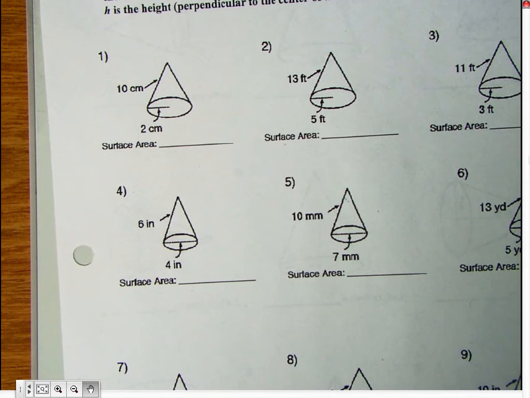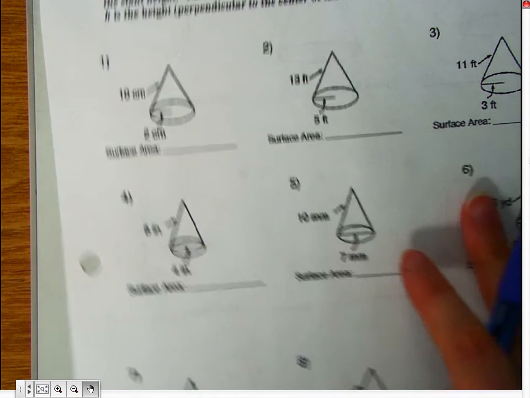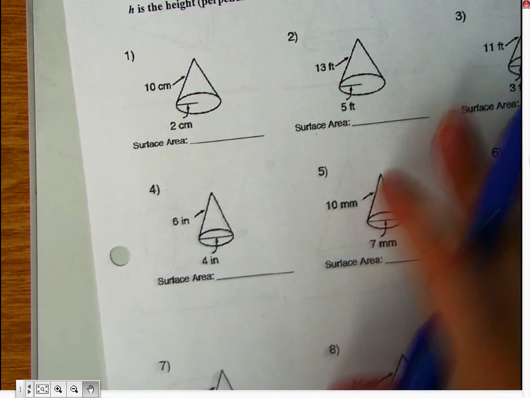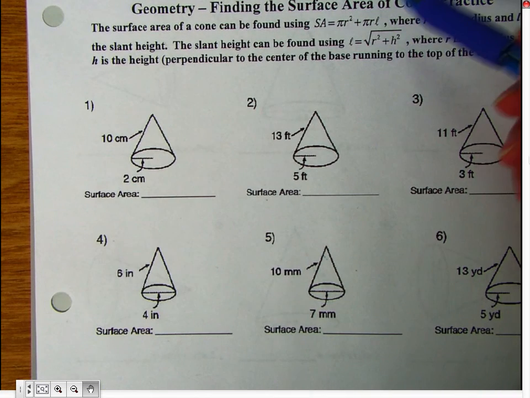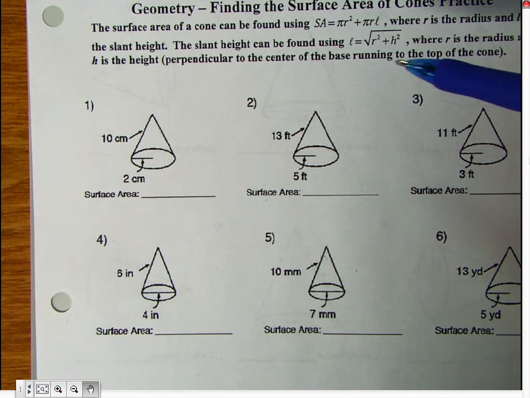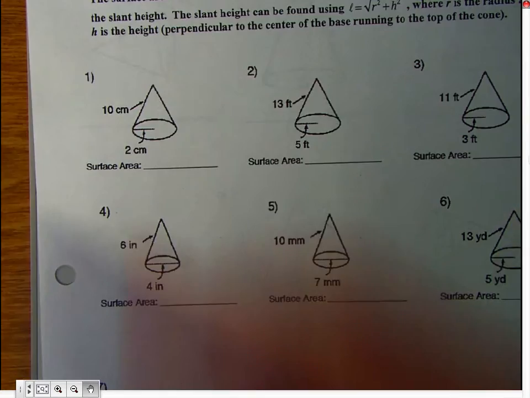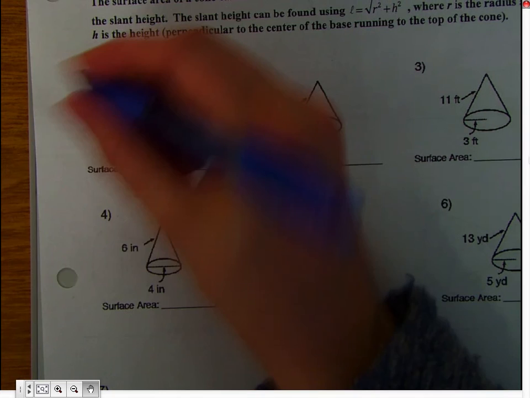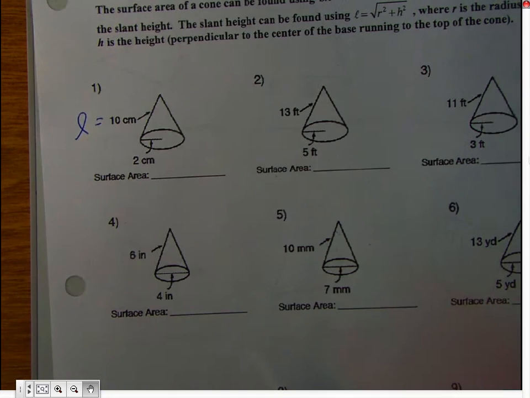We're going to start with finding the surface area of a cone where it gives me the slant height, because I think that's a little bit easier. Your equations are right here at the top of your paper, as well as we just put them in a circle book. So I'm going to look at this and label these things. I know 10 is my slant height.